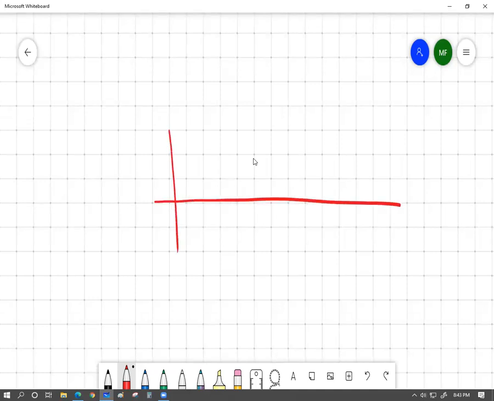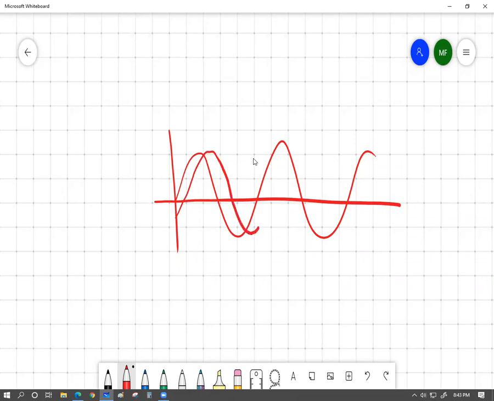If we have two waves on a same graph system and the two waves look like this. Let's say this is our wave number 1. These are wave number 2.